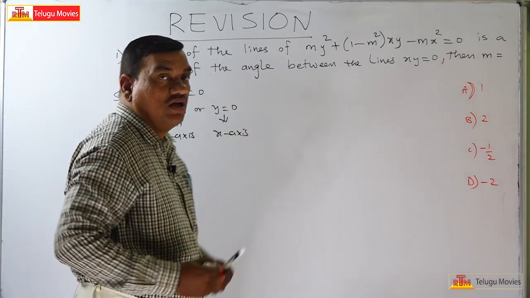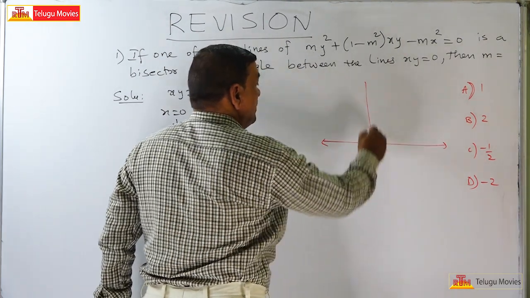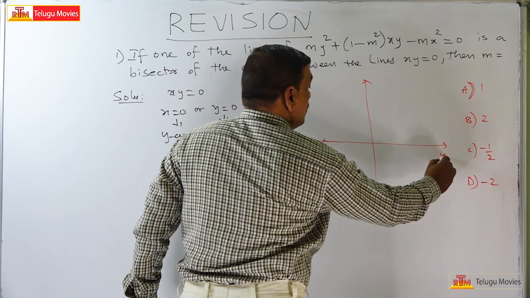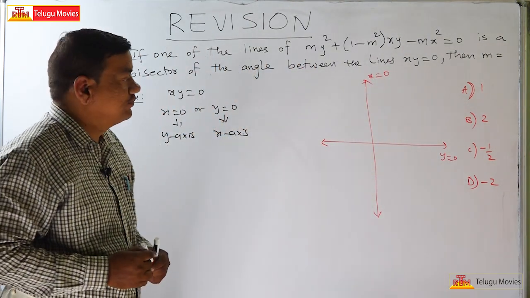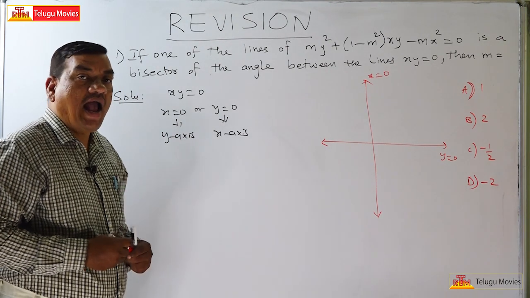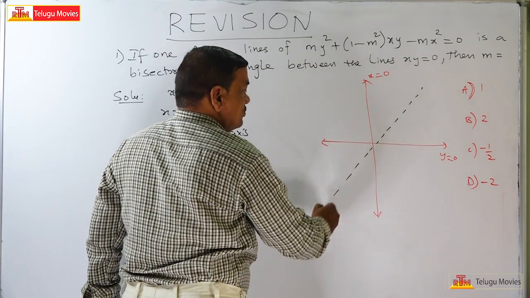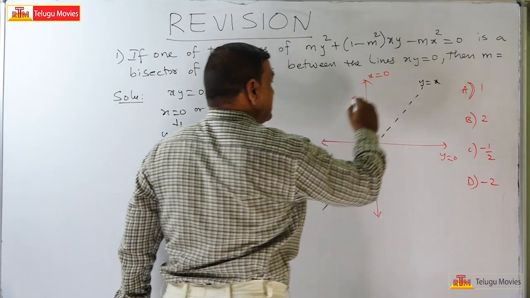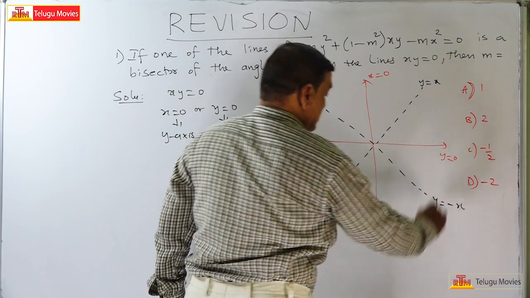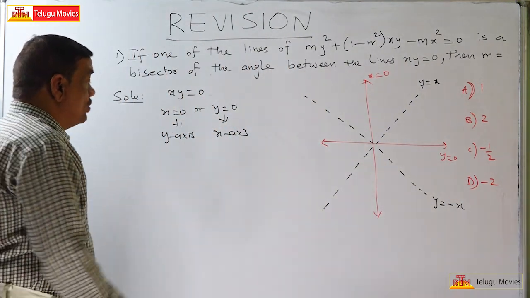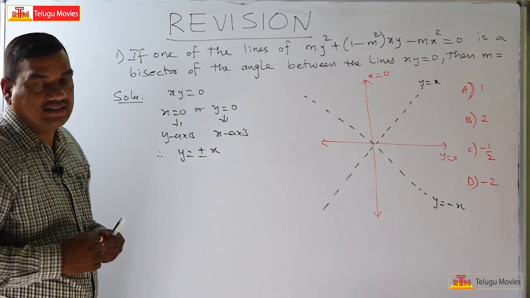So this pair of lines is nothing but the coordinate axes. We know the angle bisectors of these lines. One angle bisector is y is equal to x, and another angle bisector is y is equal to minus x. Therefore the angle bisectors are y is equal to plus or minus x.